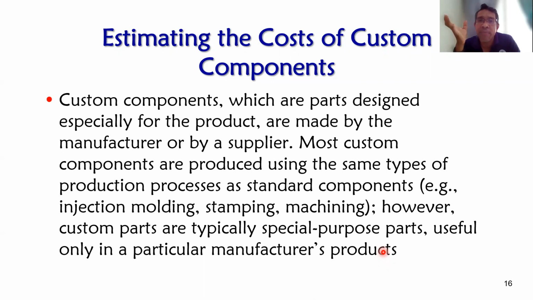That's why they need to be customized. And when the custom component is a single part, we estimate its cost by adding up the cost of the raw material, processing, and tooling. So we need to estimate based on the raw material, processing, and tooling for each custom component or part.